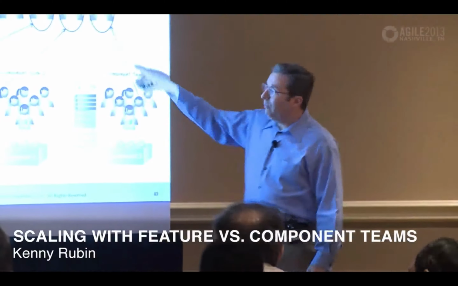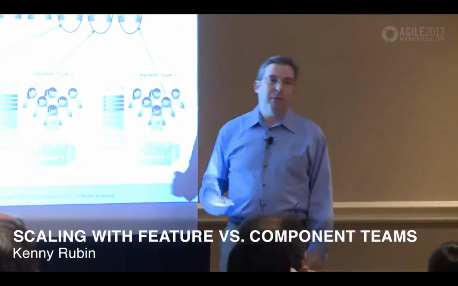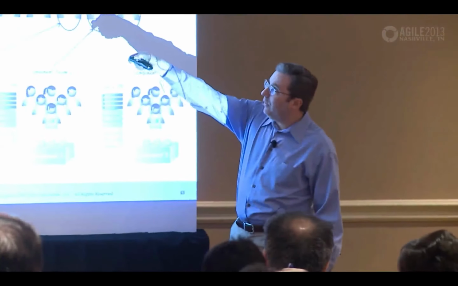We take individual members of component teams and we move them up to be a member of a feature team. So now I have a feature team that has all the skills necessary to get the job done. It's cross-functionally diverse and sufficient per our requirement for what makes for a good team. So I move them up. Now I can take a feature off of that backlog and I can give it to an individual team, and they have on that team all the skills to get the job done.